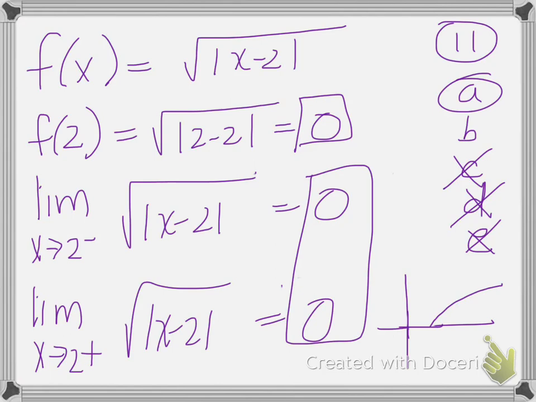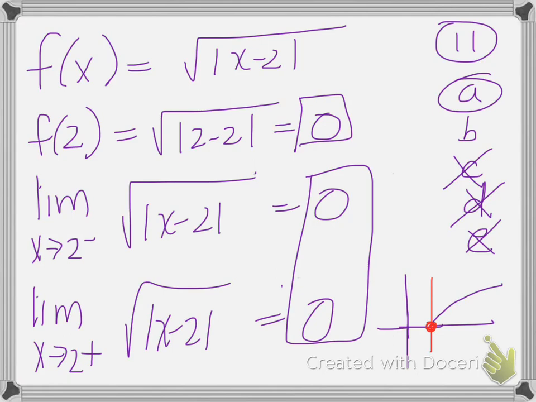Well, it's not going to be differentiable right here at this point, because the tangent line to the curve there would be a vertical line, and there is no such thing as a slope of a vertical line. So therefore, the answer is A. And I would just say that if you were confused by that and you have to choose between A and B, you're not sure about the differentiability, you definitely know it's continuous, so therefore you'd have to go with A.